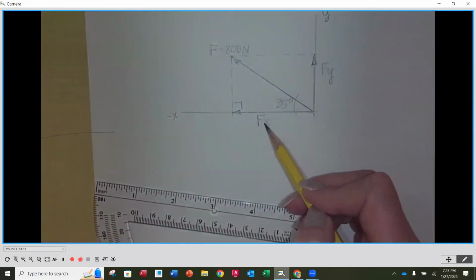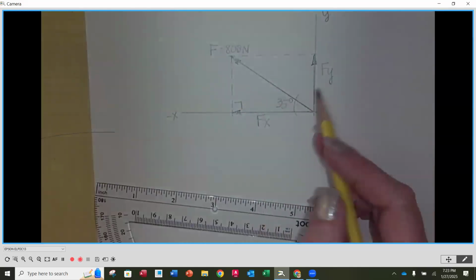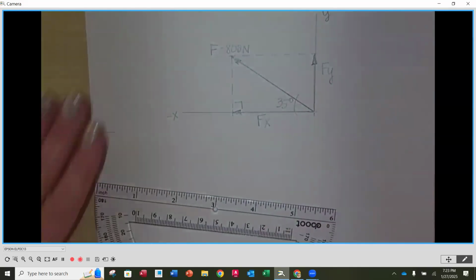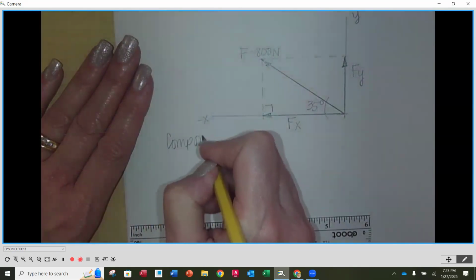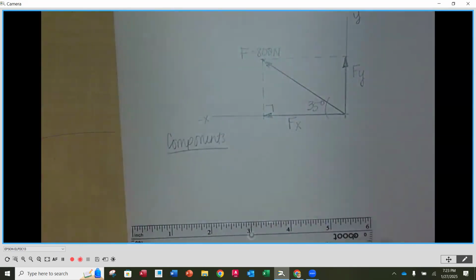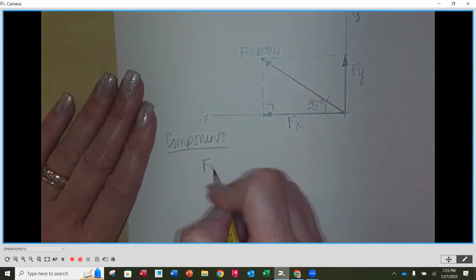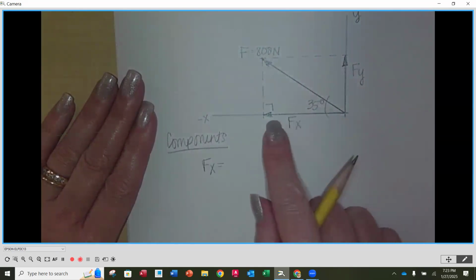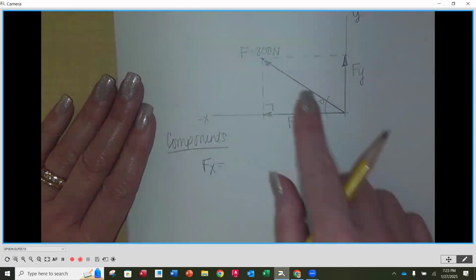So we're going to solve for the magnitude of the X component using the 35 degrees and the hypotenuse. So this is going to be our components. My FX is going to be equal to, this is the side adjacent to the angle that we know, and we also know the hypotenuse.